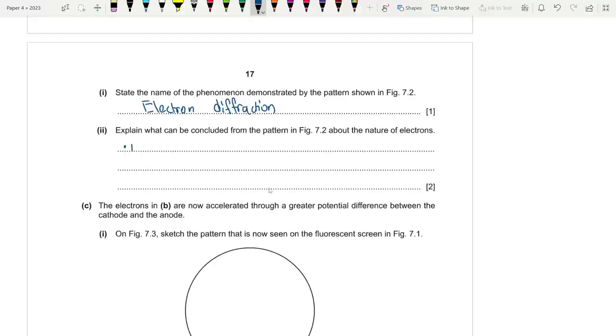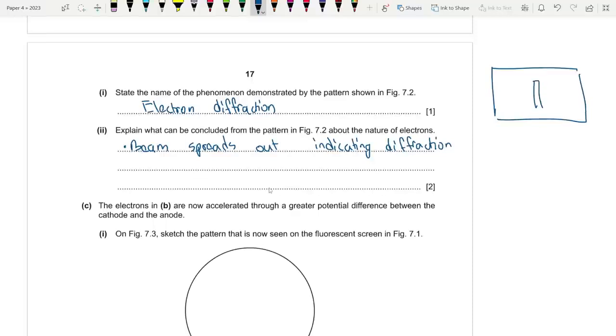So this is how we write it. We have to say that the beam spreads out, indicating diffraction. Or an alternate marking point for this was, this is typically like an interference pattern. Remember back in AS, you did the interference pattern, Young's double slit, where we got regions of bright light and regions of dark light.